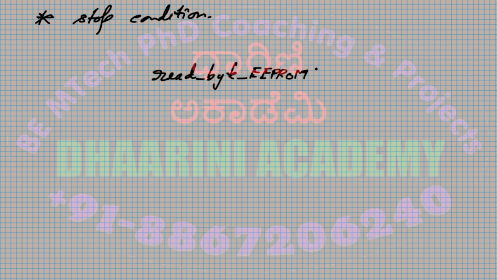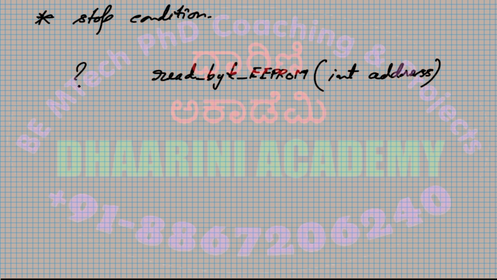Okay, this is my function. So what you are supposed to pass, you will pass int address. So from this address, read me the data. Okay. So my question is, what will come here? Is it a void or you are supposed to return something?